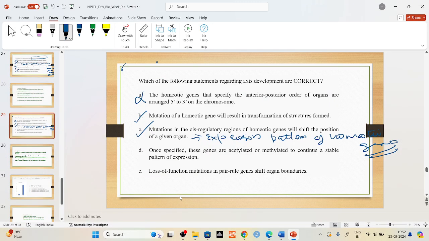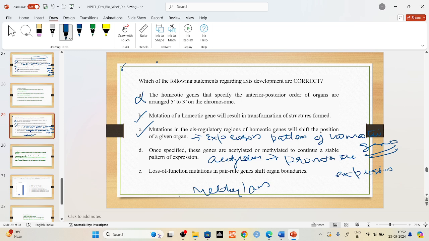How are they completely opposite to each other? Because acetylation promotes expression, whereas methylation represses the expression.